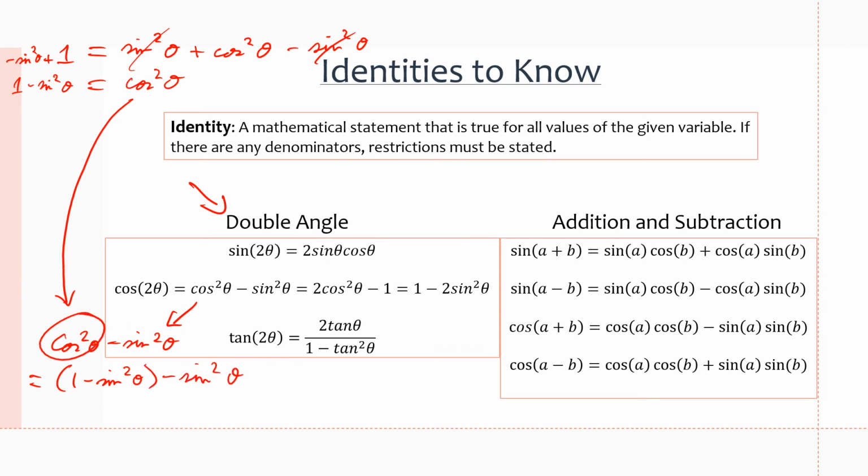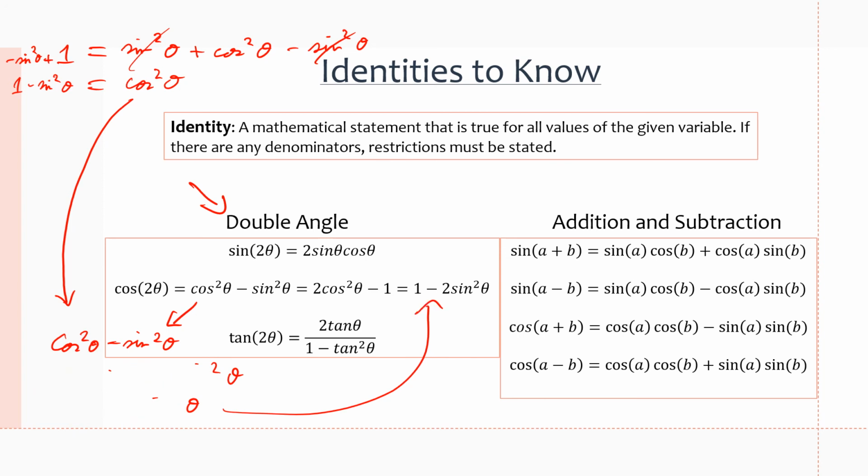We just substituted it for this cos squared theta. And now we have 1 minus sine squared theta minus sine squared theta, which is 1 minus 2 sine squared theta, which is this right here. That's why it also equals 1 minus 2 sine squared theta.